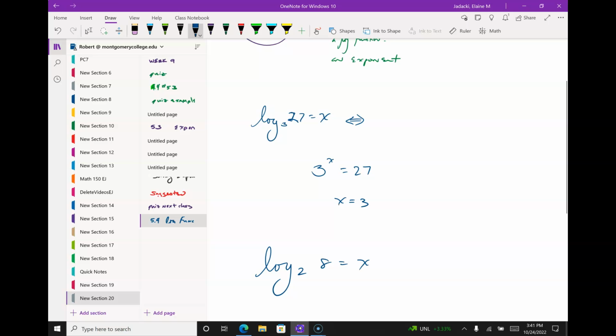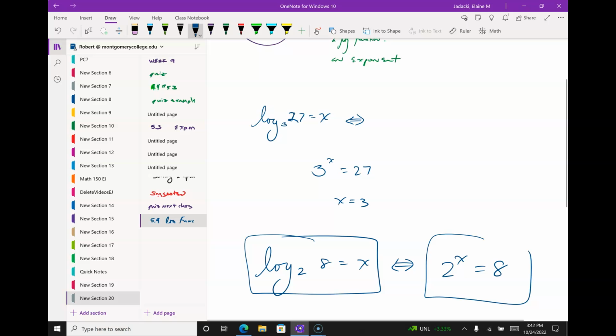So the translation is 2 to the x is 8. What exponent makes 2 into 8? 2 cubed, 2 times 2 times 2. So you don't have to think in terms of logs yet. Not yet, very soon. Right now you're converting into exponentials and then solving.